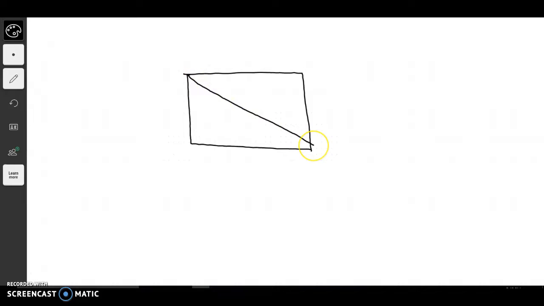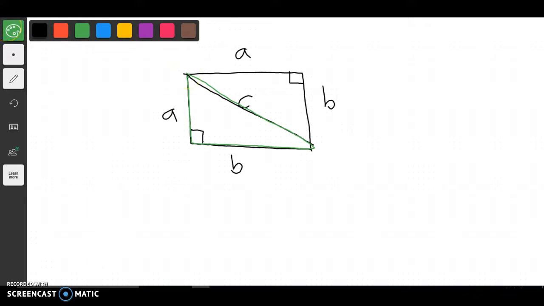As soon as I draw a line down the middle, you can see that I have two triangles. This would be my side A and this would be my side B. Same thing for those because they're the same length. And this would be my side C. And hopefully you can see the right triangles that are made.